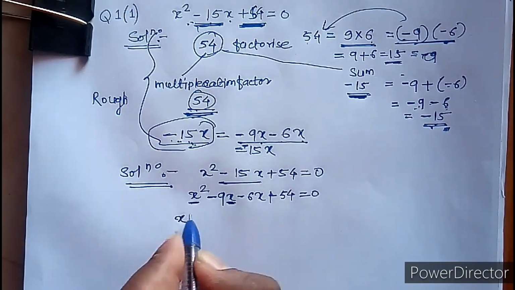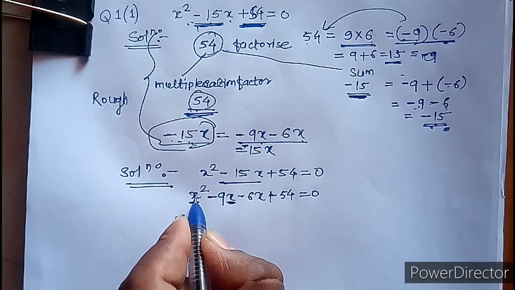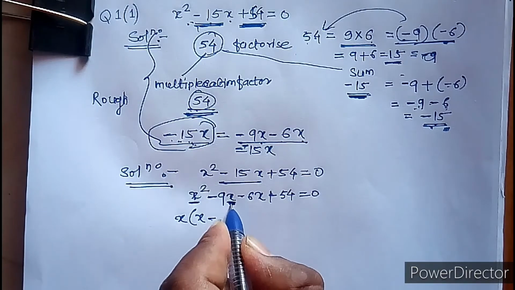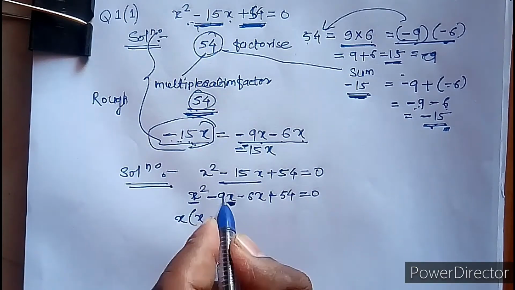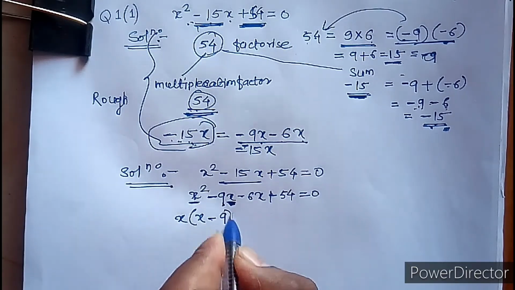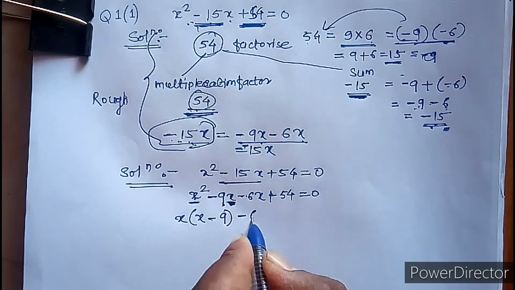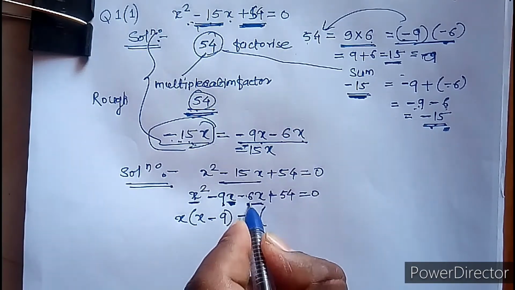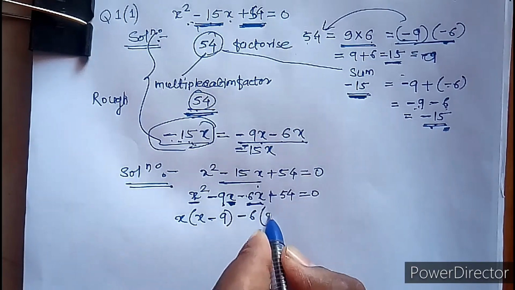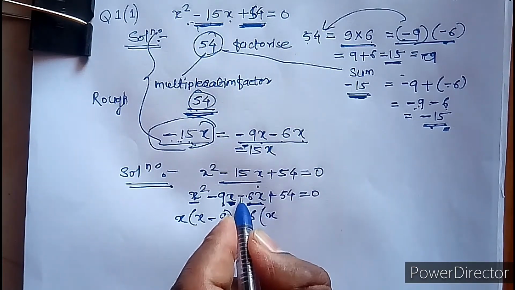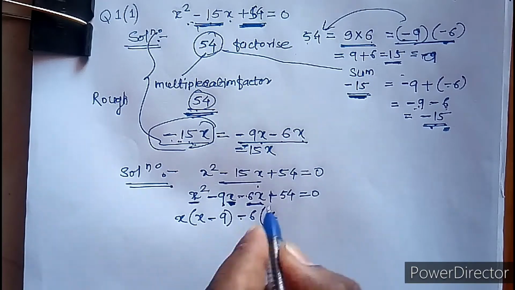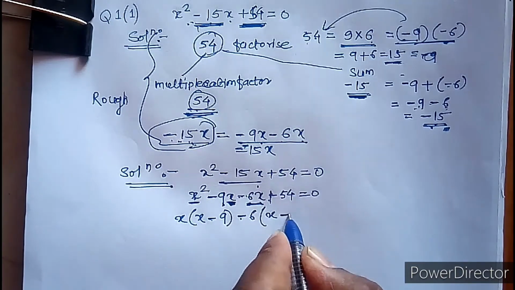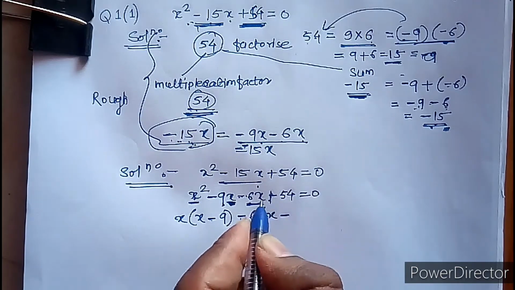Taking x common, here remains x minus 9. Now take minus 6 common, here only x remains. When we take minus outside, the sign will be changed. If there is plus, it will become minus, or if there is minus, it will become plus.